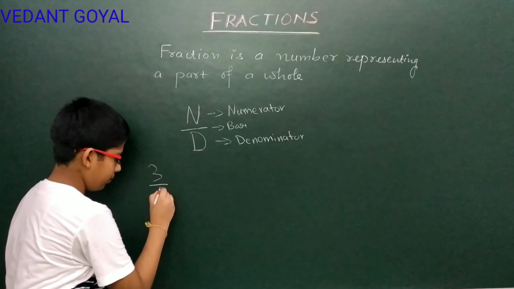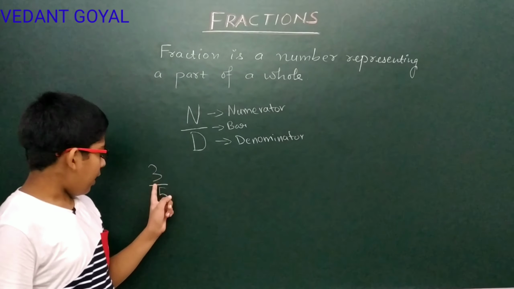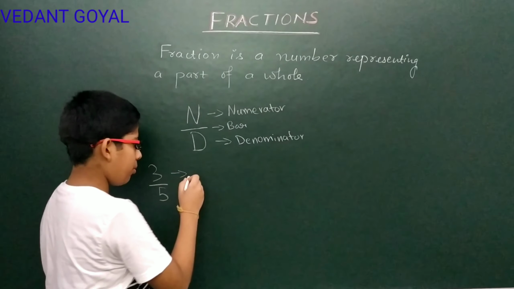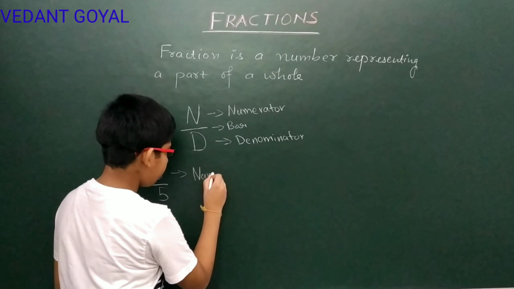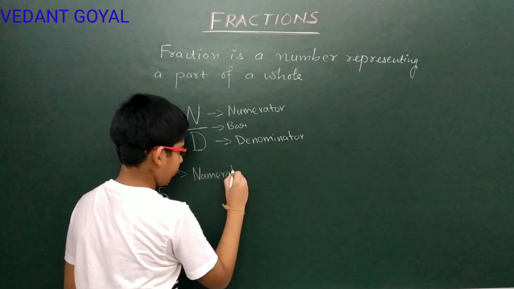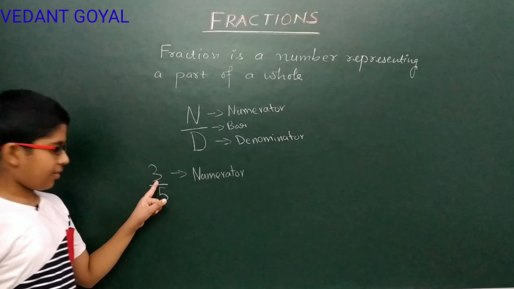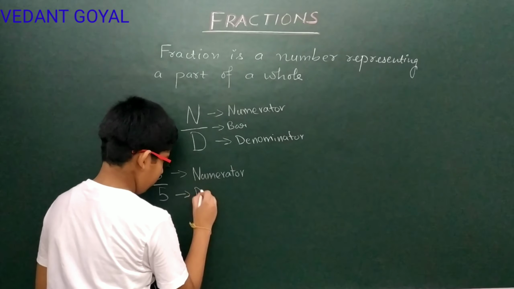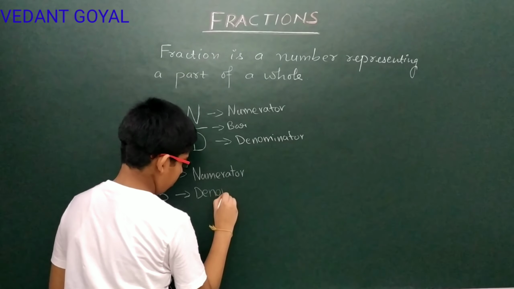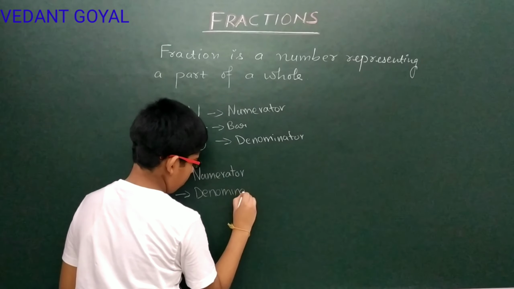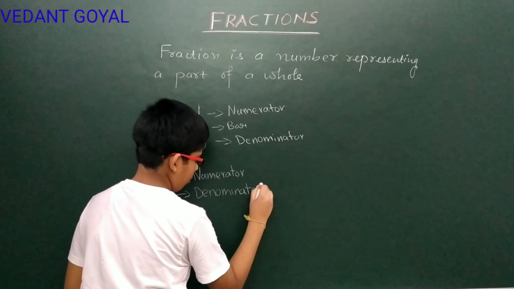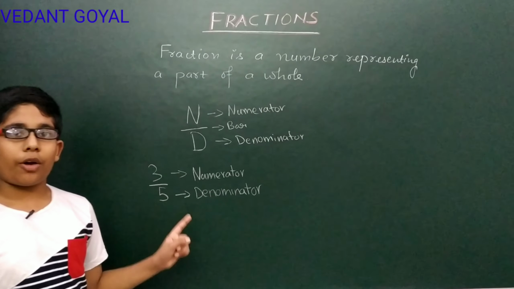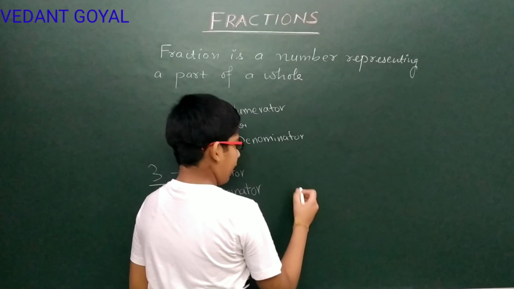3 by 5. So in 3 by 5, the 3 is the n. N means numerator. So 3 is the numerator. This is the bar and 5 is the denominator. Okay, if we represent this on a figure, we will take it like this.